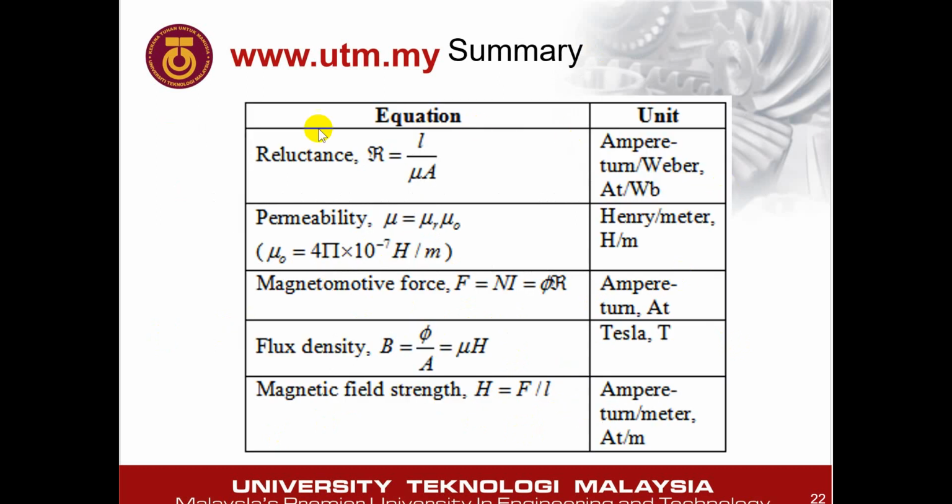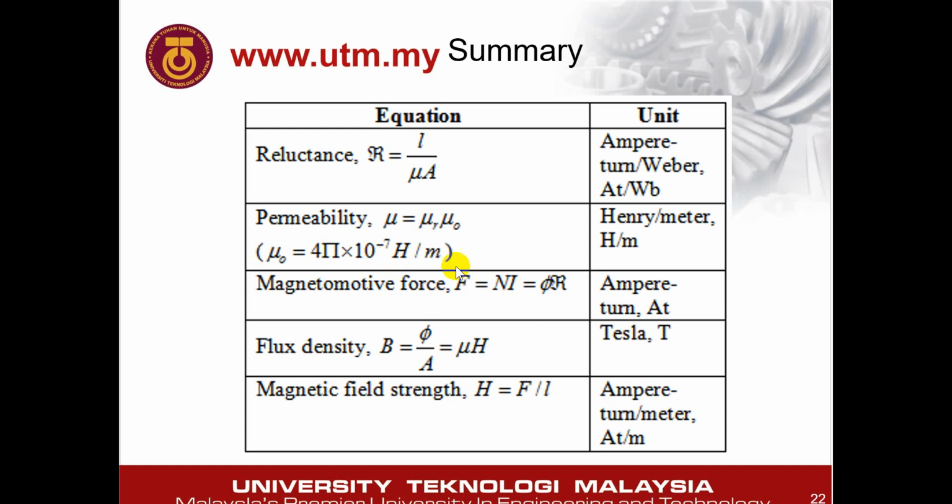So this is the summary of this subtopic. You have to know how to calculate reluctance. R equals L, the mean length of the material, over mu A. So the unit is ampere turn per Weber. Permeability, you also need to know.